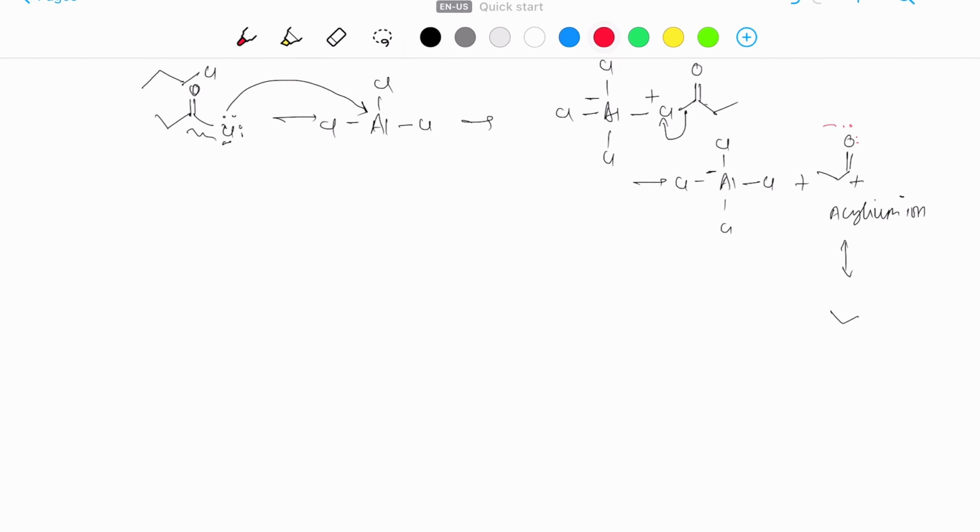And the oxygen can donate this electron to form a triple bond here. And so right now we have an oxygen that is positively charged because it donated electrons, and we also have this triple bond between this carbon and oxygen. So this is the resonance structure, but anyways, right now we have this acylium ion, right?